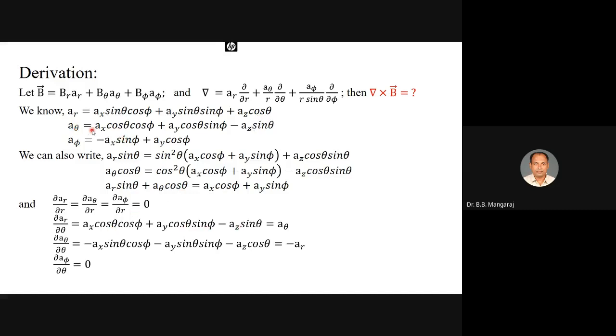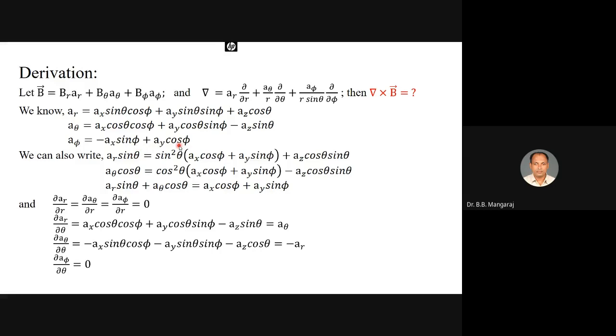Now, if we find out partial differentiation of a_theta with respect to theta, then we find this expression, because cos theta will become minus sin theta and sin theta will become cos theta. But if you take common minus, then that is a_r. So we write minus a_r. If we take partial derivative of a_phi with respect to theta, it is 0 because this expression is independent of theta term.